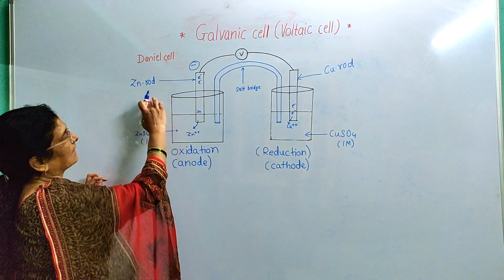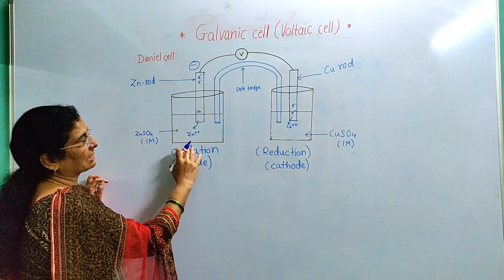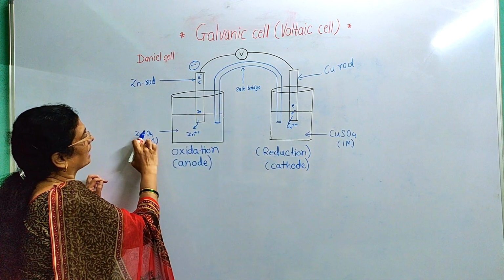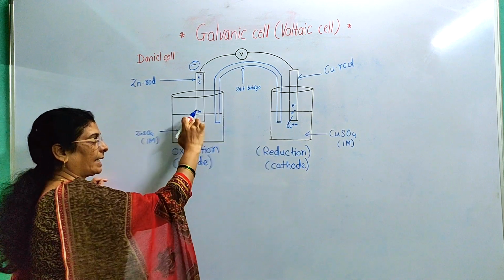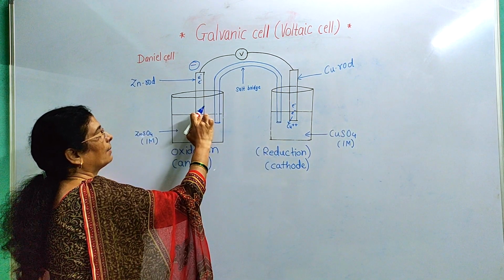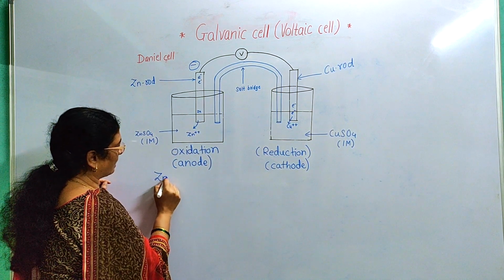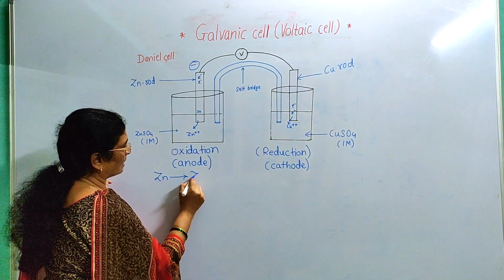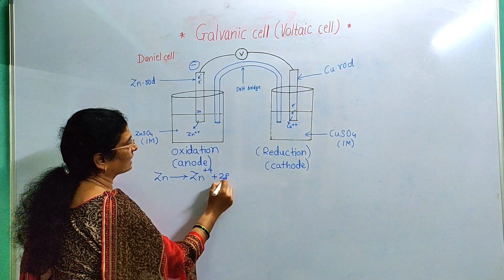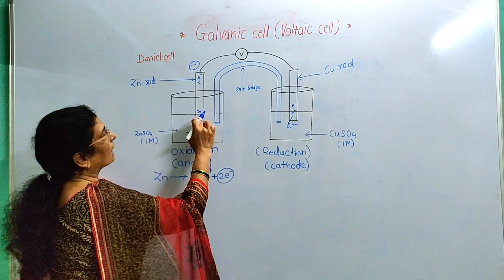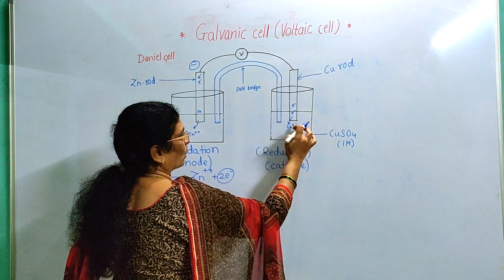By using this Daniell cell, we will explain the reactions which are taking place here. ZnSO4 solution is there containing Zn++ ions. Zn atoms are in direct contact with Zn++ ions, and these Zn atoms have the tendency to lose electrons and get converted into Zn++ ions. The electrons which are produced are carried through this metallic wire towards this copper rod.